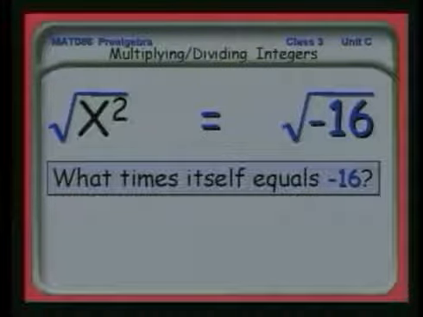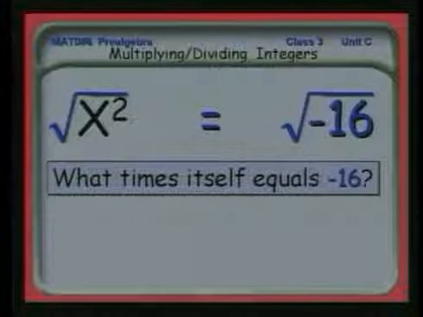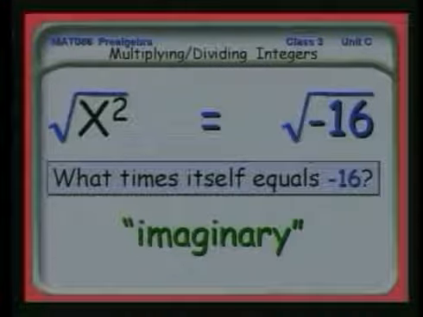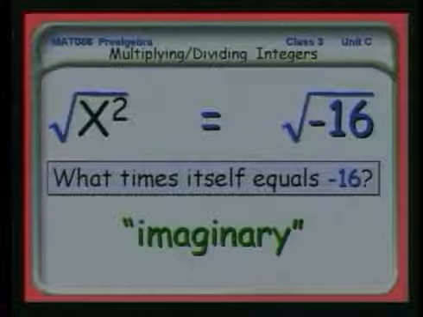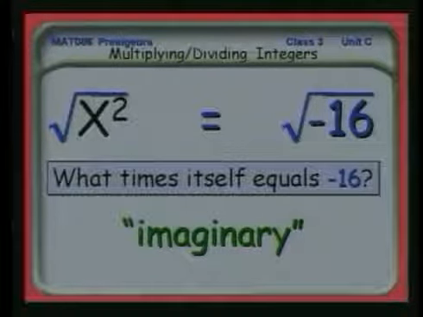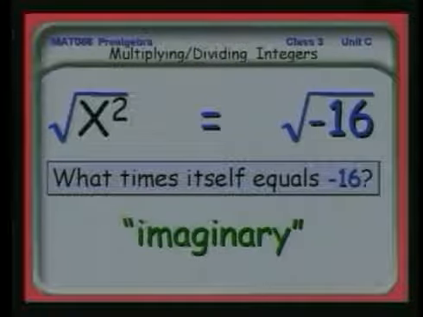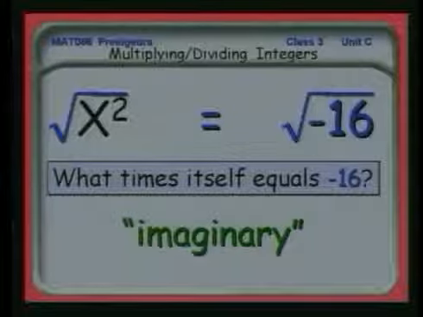But mathematicians have asked this question and have extended mathematics into a realm called imaginary numbers. Numbers that, when you multiply them by themselves, give you negative results. At first it was thought that imaginary numbers were useless, just a figment of the mathematician's imagination trying to push the ideas of math beyond what we do every day.